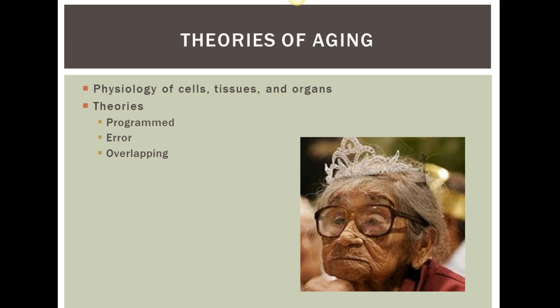There are theories on aging. The programmed aging theory is a result of changes following a timetable. The error theory looks at aging as related to cellular damage from stressors. Overlapping theories identify that many different theories are interrelated and overlap.